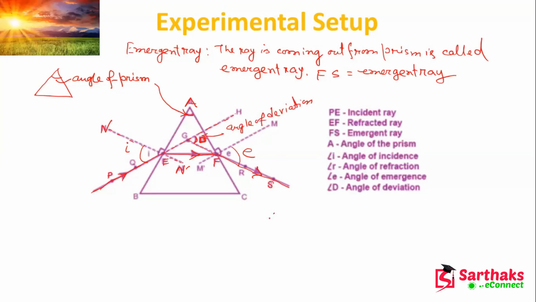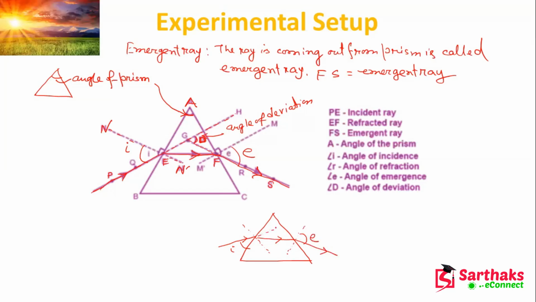That means, let this be the prism. This is the incident ray. If we draw the normal on it, this is our angle I. Now this is the refracted ray, then it comes out as the emergent ray. Here, if we draw the normal, this is the emergent angle.